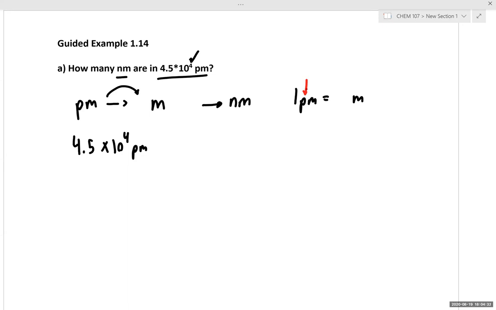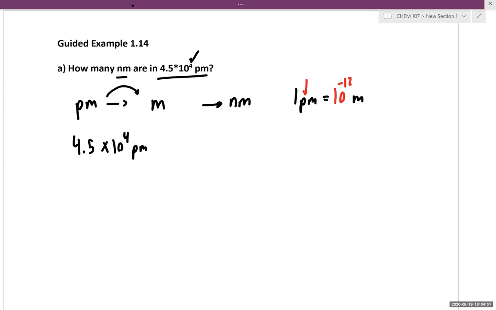It's 10 to the negative 12. Yep, exactly right. 10 to the negative 12th meters. Picometers, I like to think of as the atomic scale. Many bond lengths and atomic radii, the size of atoms, are measured in picometers.